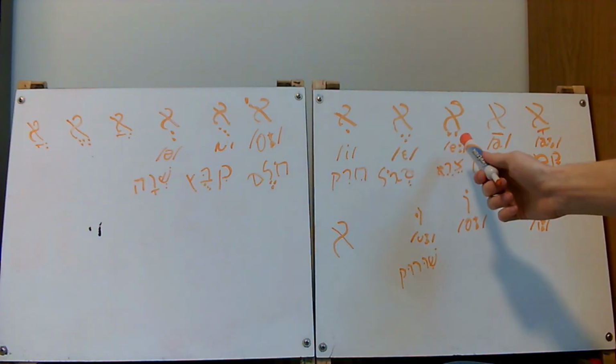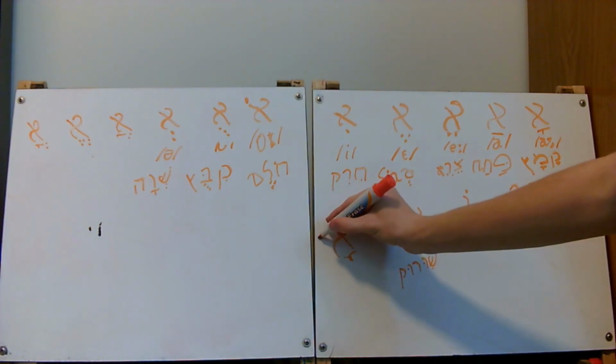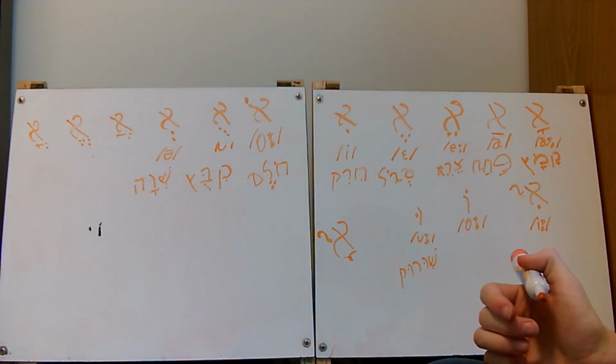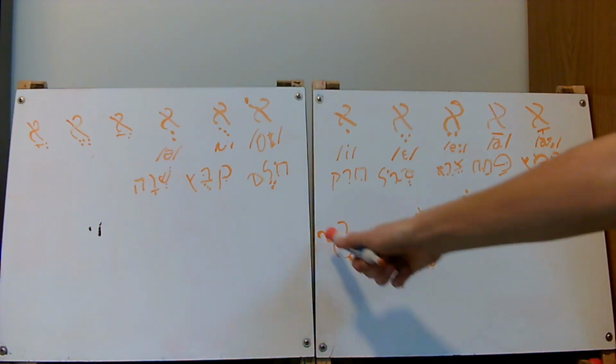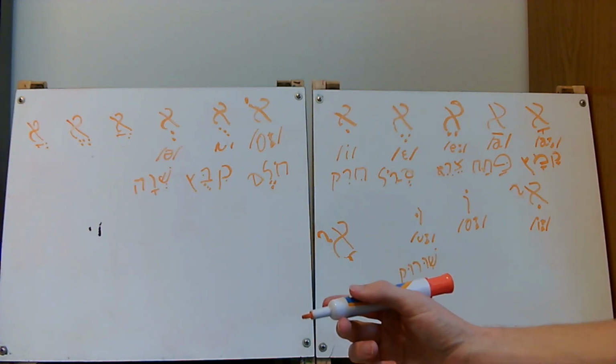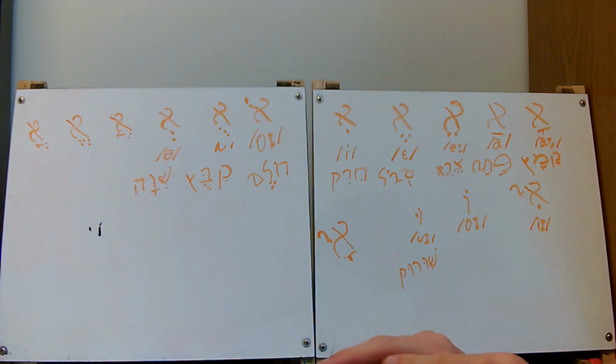So, like, e is a monophthong, but, like, I is a diphthong. So it's A into E, I. Yod is always used for diphthonging into E.